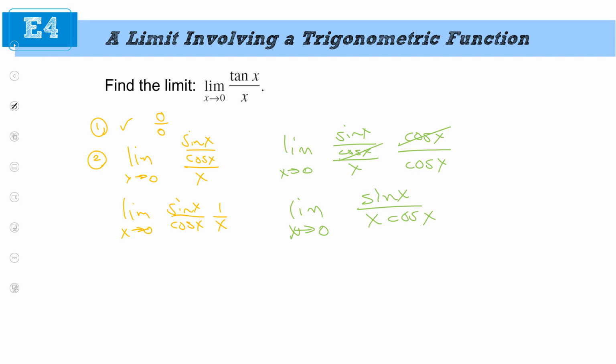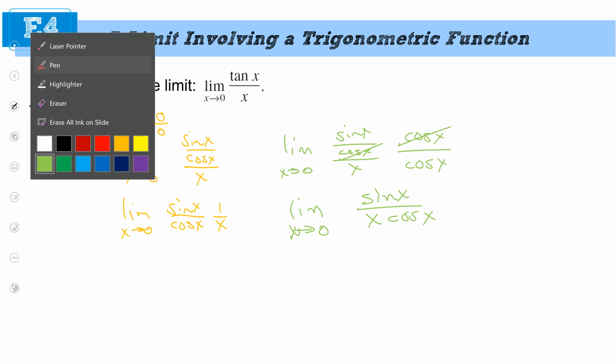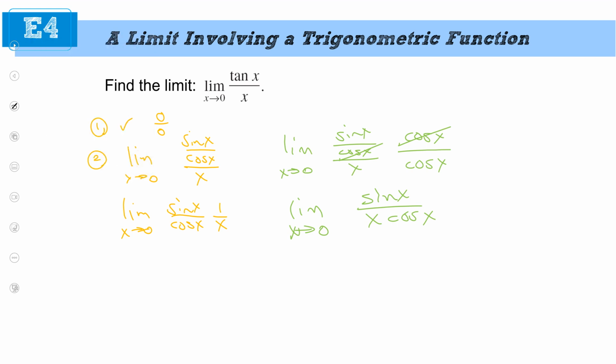Heck yeah, you can, because the limit of a product is the product of the limits. I'll change colors again, only because I can. Purple. So this would become the limit as x approaches 0. Jessica, how would you split it up? Sine of x over x times cosine of x.